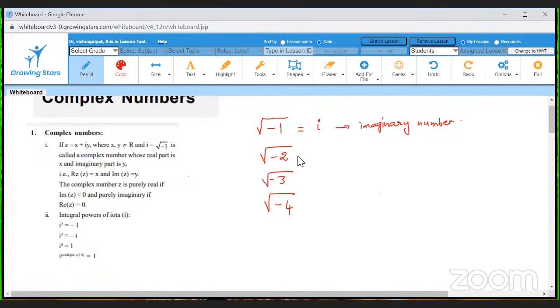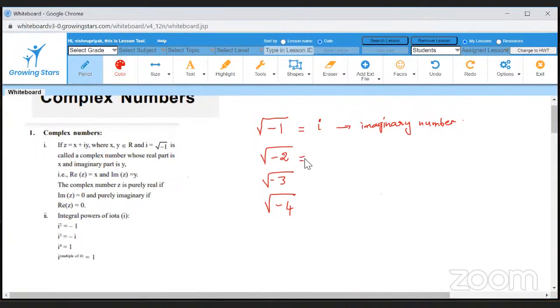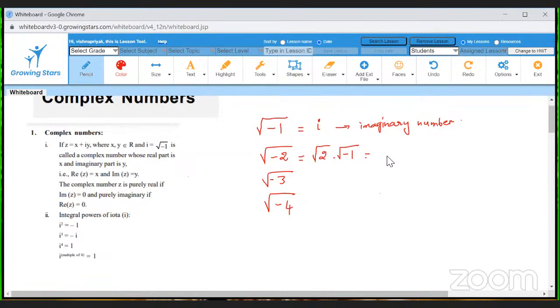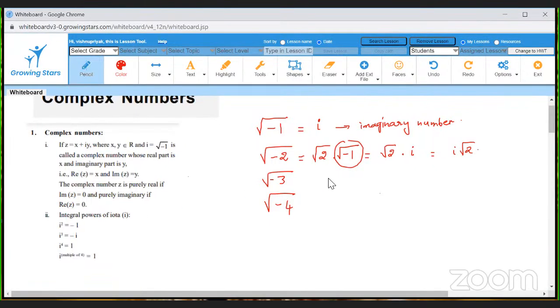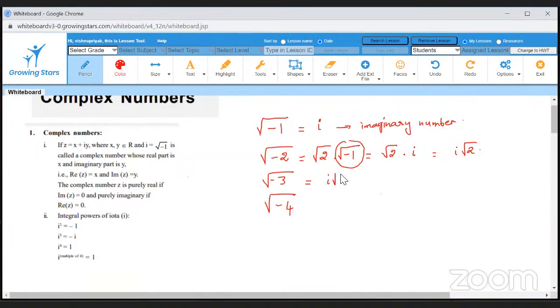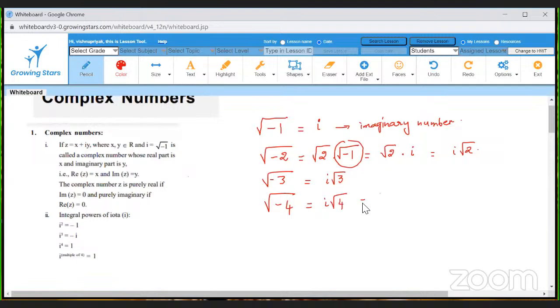Like if you want to find the square root of -2, you have to write it as square root of 2 into square root of -1. Square root of 2 into i, because square root of -1 is i, and so the answer will be i square root of 2. Similarly, square root of -3 is i square root of 3. Square root of -4 is i square root of 4, but square root of 4 is 2, so 2i. Like this, we can find the square root of any negative number now.